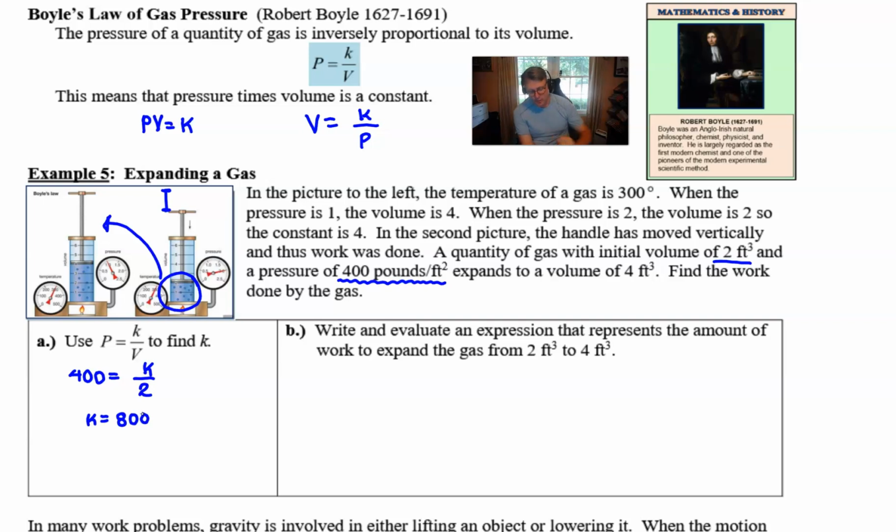So what we have in part B is that we can use the fact that pressure is equal to 800 over the volume, or any other version of that, whichever variables we want to solve for. Let's read B and see what it says. It says, write and evaluate an expression that represents the amount of work to expand the gas from 2 cubic feet to 4 cubic feet.